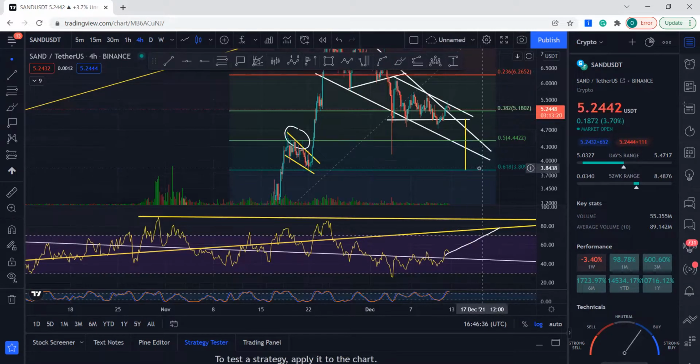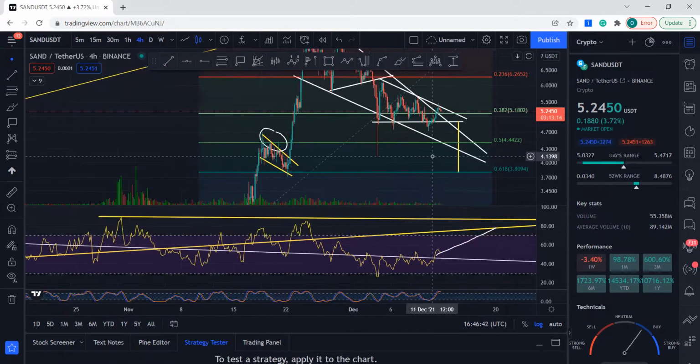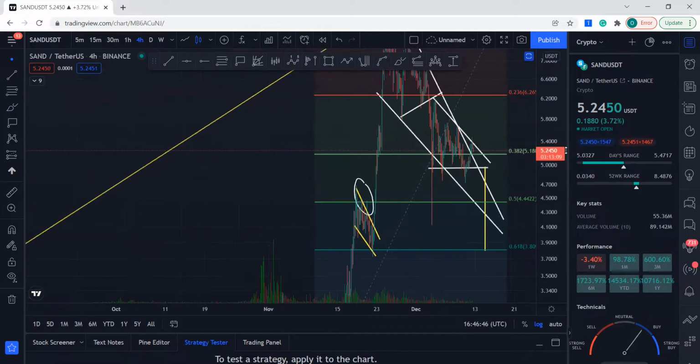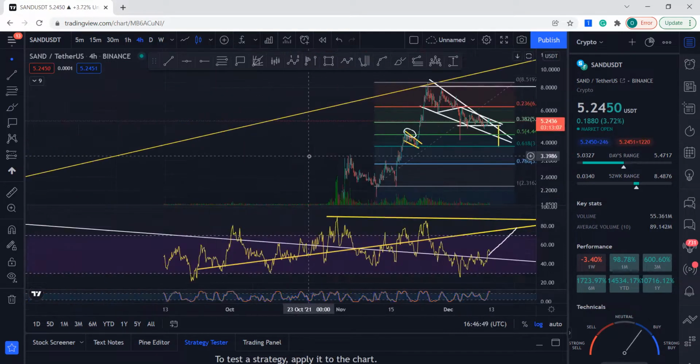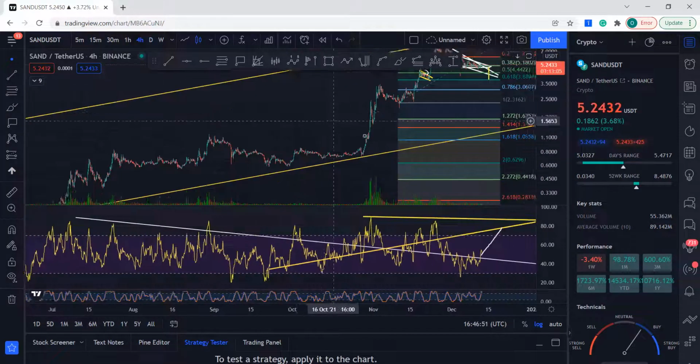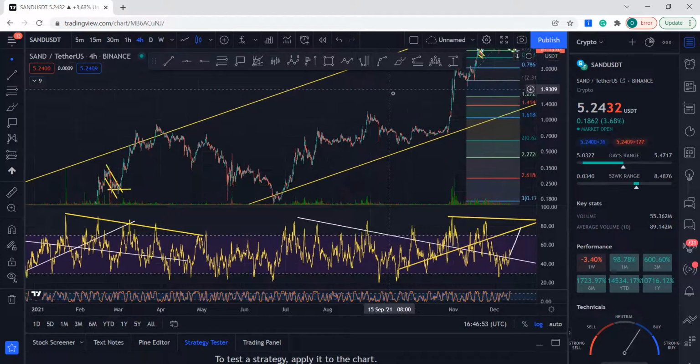It breaks the 0.618, I believe, or the 0.5. That we have to check in the coming days, but this is the scenario at the moment. It can repeat the past, which is looking very promising to me. But anything can happen, there are no guarantees with anything.